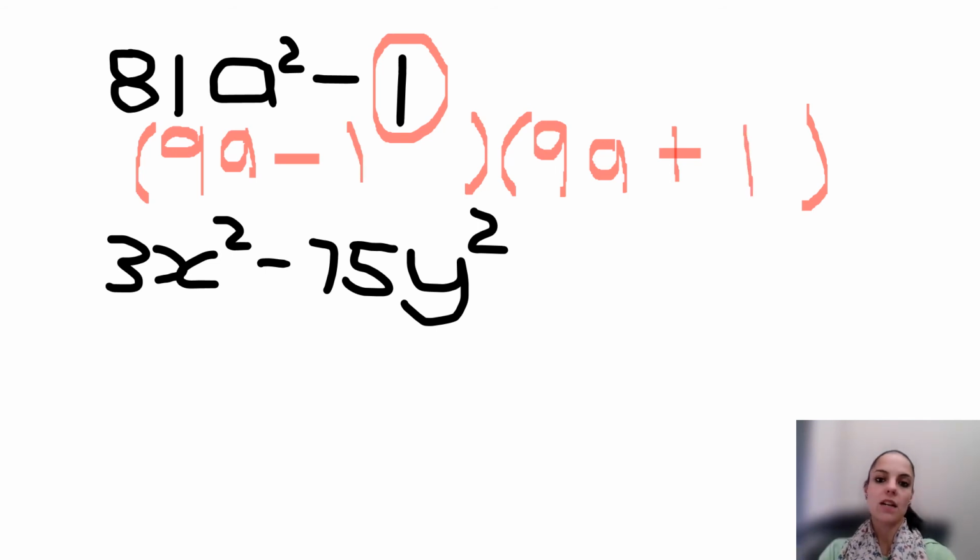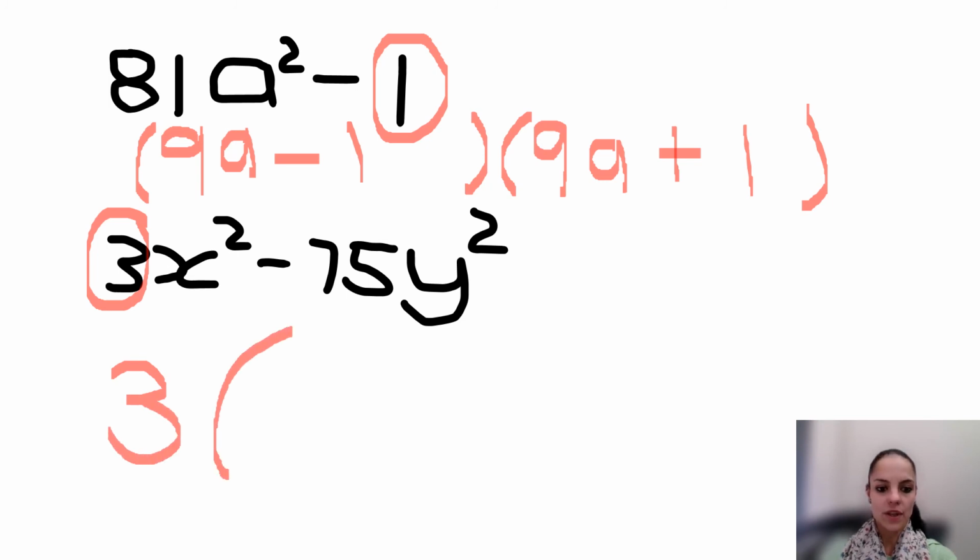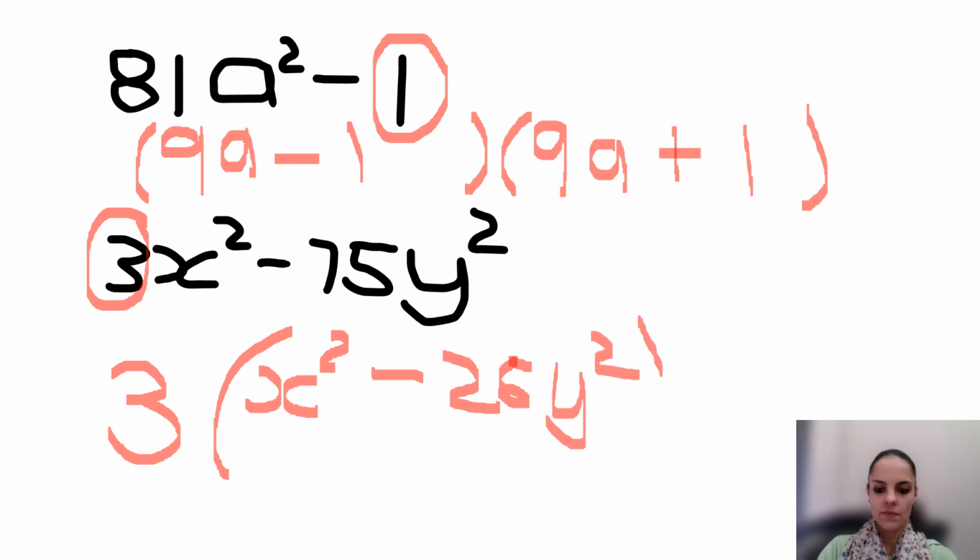Now we will get to a little bit more difficult one. Here, as I said in the beginning, we always check if you can take something out. Yes, we can. A common thing that we can take out is 3. So we first take that out. What are we left with? We are left with x squared minus 25y squared. Now only can we factorize this because it is a perfect square.